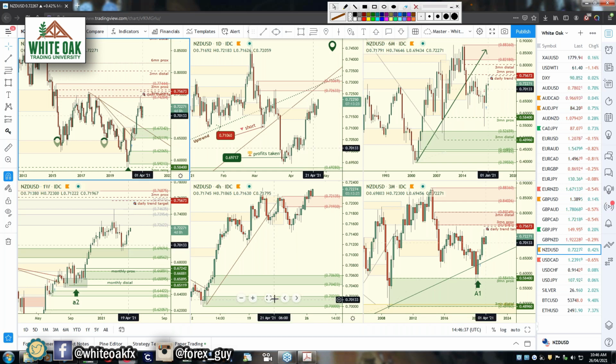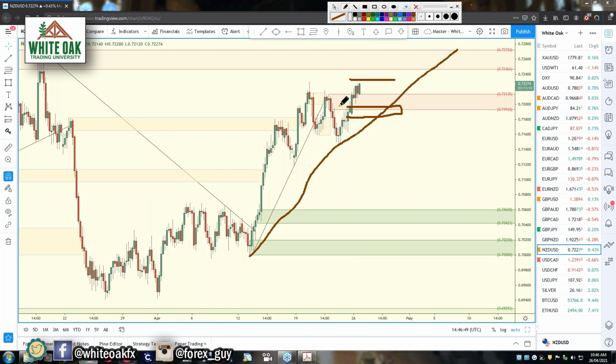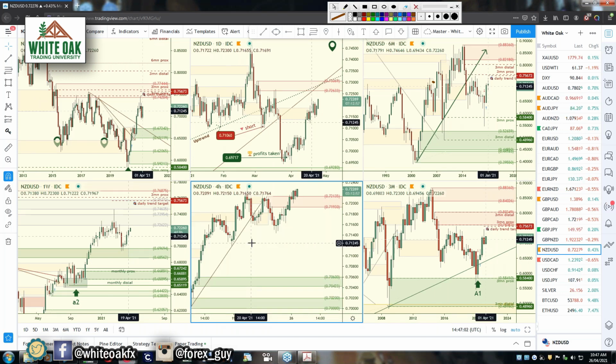So let's see if it closes above here. Demand. Trend line, demand. You could start buying, stop losses below the 4-hour trend, because you are going with the same concept of what's happening on the euro, that this 4-hour trend would help to facilitate the removal of this daily supply.